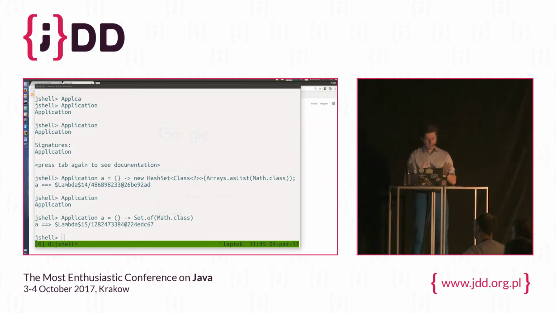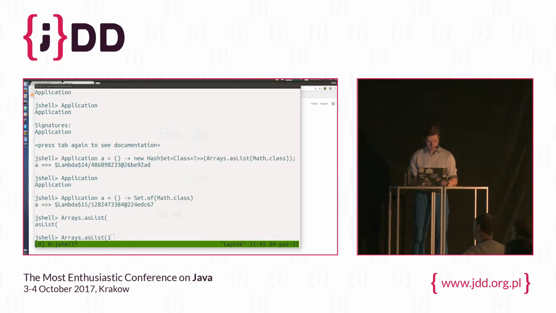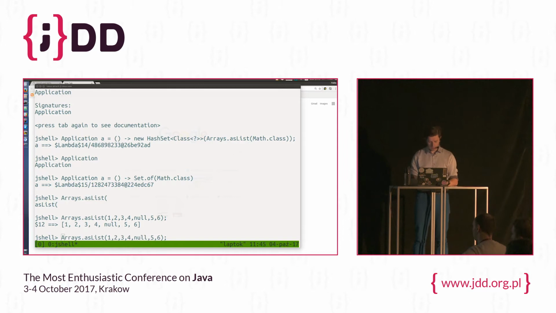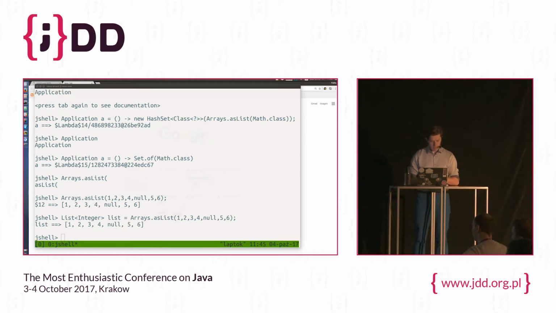Also, for example, if we have this array list, so we have Arrays.asList, and we have 1, 2, 3, 4, 5, a null, and 5 and 6. Let's call it like this, and let's give it a name. It's a list of integers called list. Okay, so we have this list, and in Java 8 we have this concept of streams, which is very useful, but we know as Java developers it has some corner cases and it was lacking some methods.